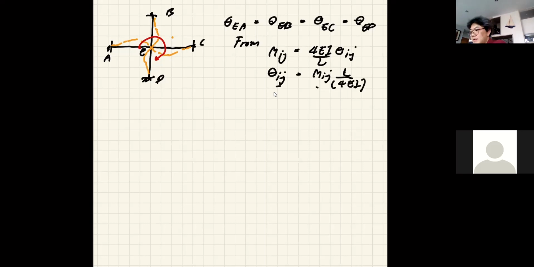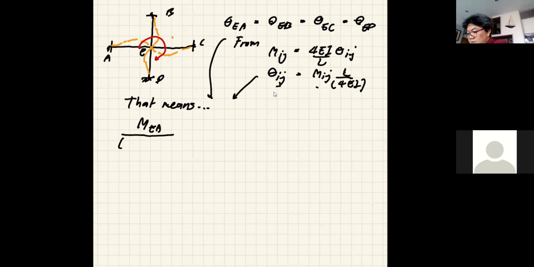So that means I can easily write this equation again in terms of this. So I can have MEA, and let's put things in perspective. I'm going to put the L down here so that you can see better.